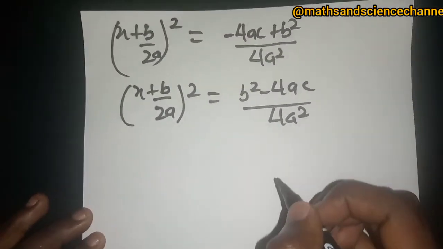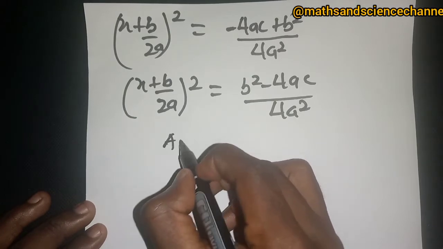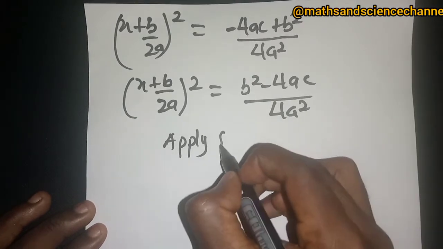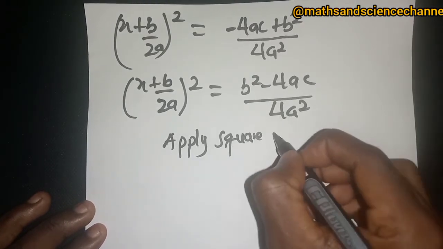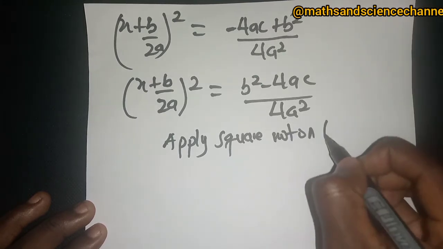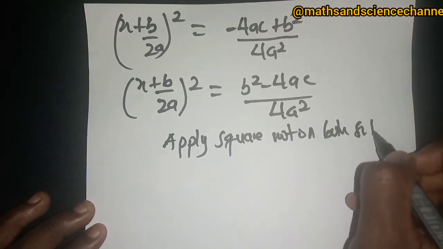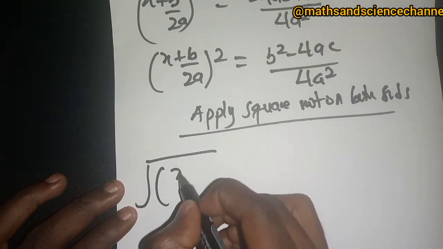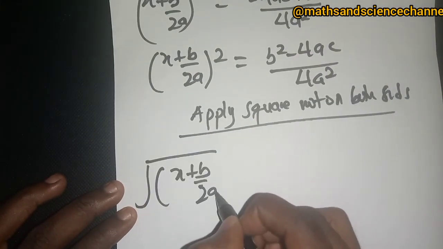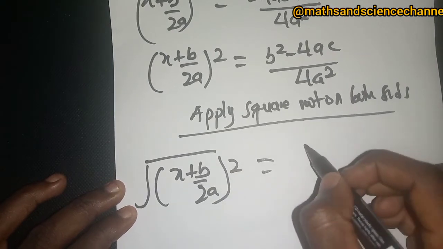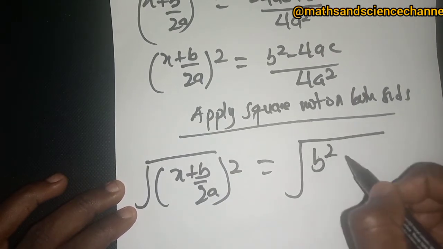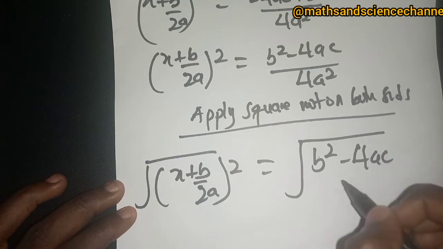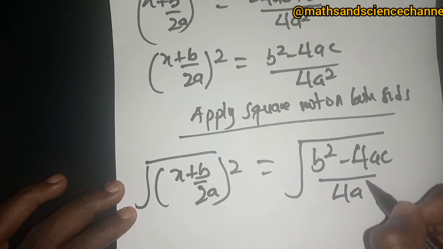Then what we'll do next is to apply the square root on both sides. So we say the square root of x plus b over 2a squared being equal to the square root of b squared minus 4ac, divided by 4a squared.